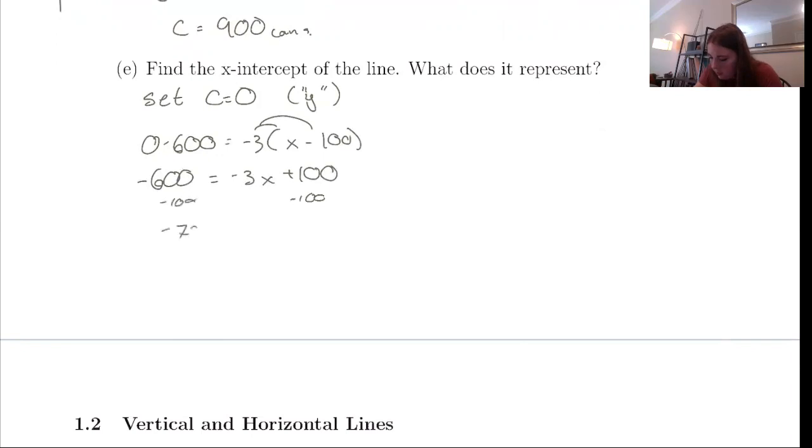I'll get -700 equal to -3x. Then it's not divisible by 3, but I can get close. So x is going to equal 233.33. Remember, this is in cents.